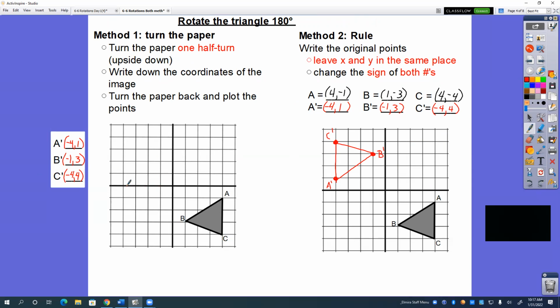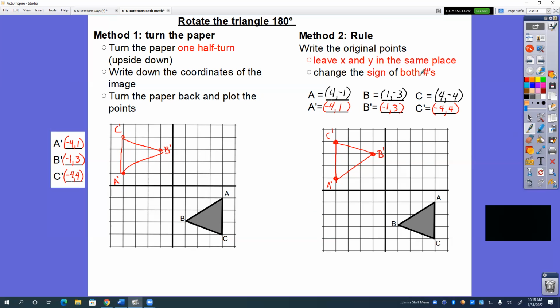So -4, +1 is A prime. B prime is -1, +3, and -4, +4 is C prime. Okay. And there's your new image after it's been rotated 180 degrees.